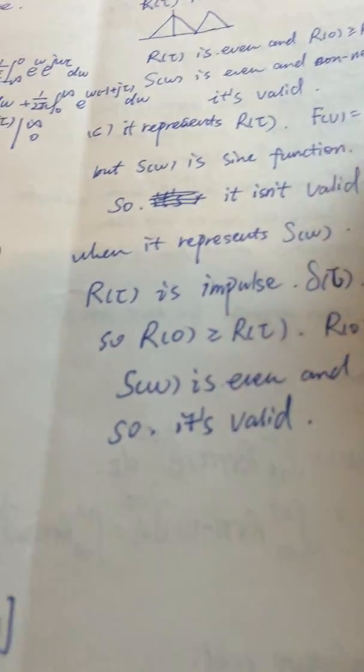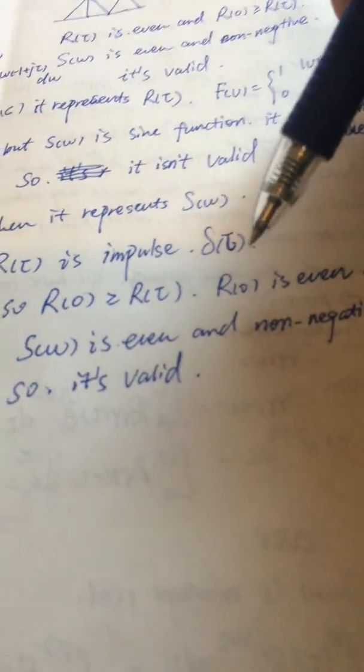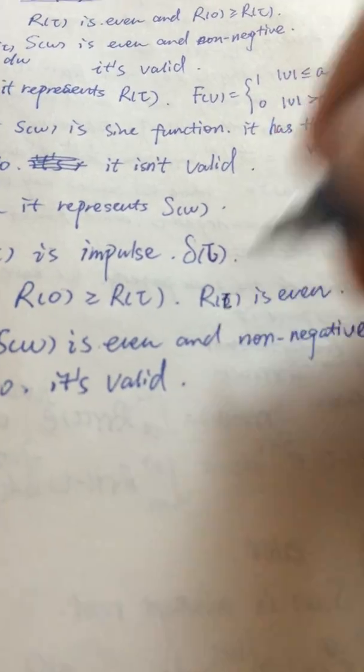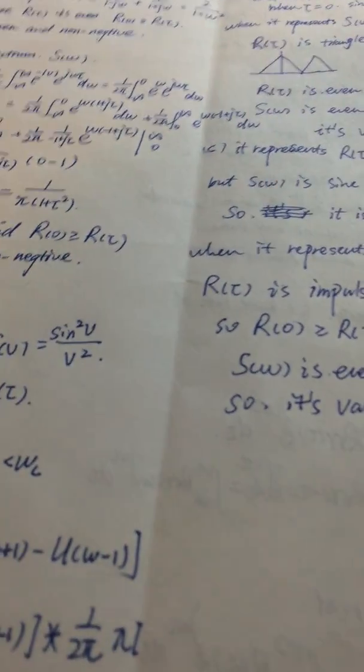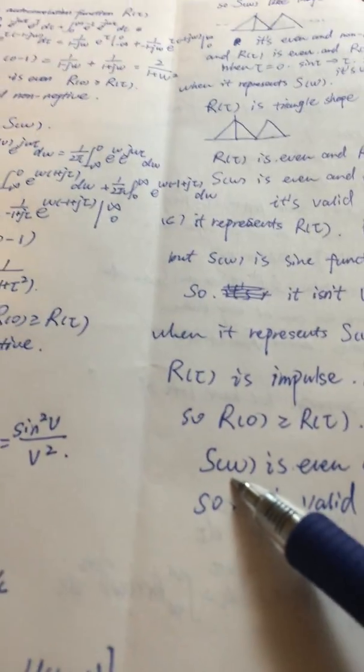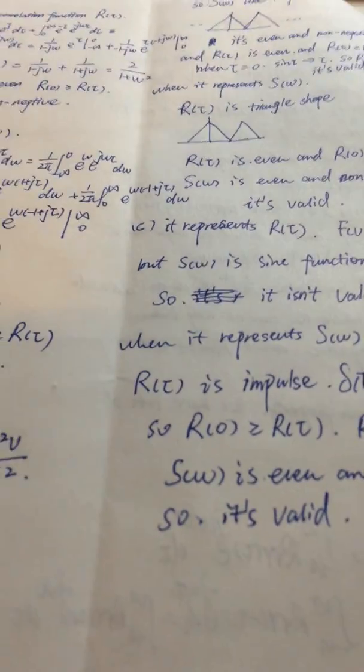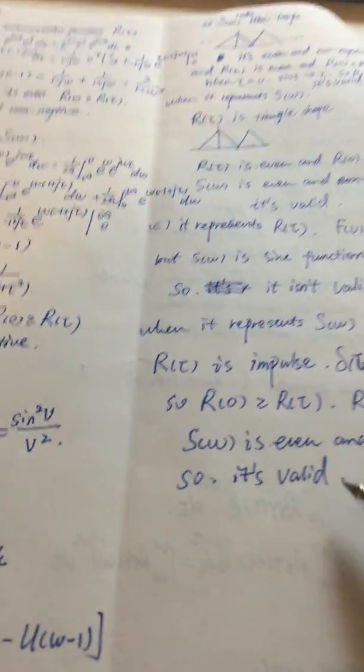So R(0) is larger than R(tau) for the other values of tau. And R(tau) is even, because it only has one value, at the center point. The spectrum is even and non-negative, so it's valid. So that's all.